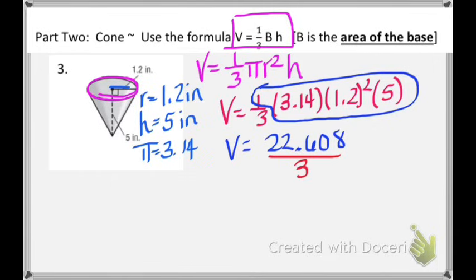That's in the denominator. So what I'm going to do is divide 22.608 by 3, because technically a fraction is only a division problem. So when I do that, I get 7.536, but if I'm rounding to the nearest tenth, I'm going to say 7.5.